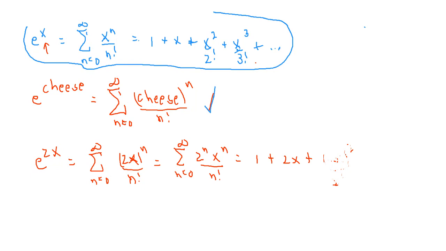Let's see, 2 squared is 4. So I got 4x squared over 2 factorial.